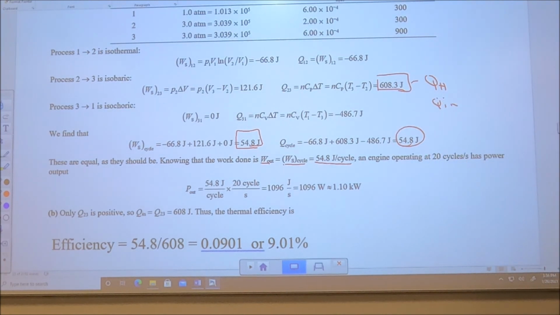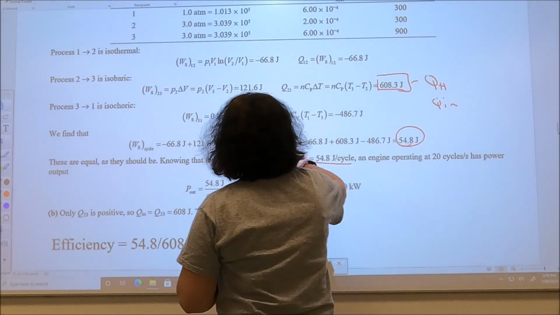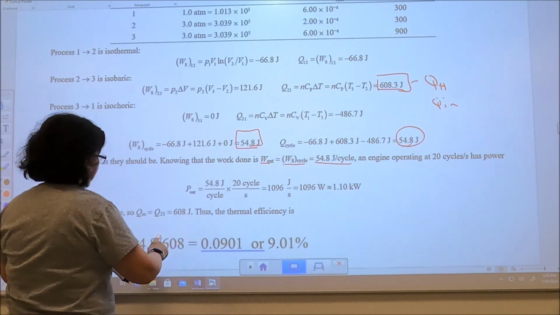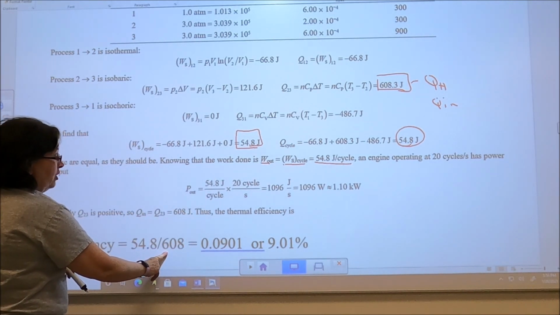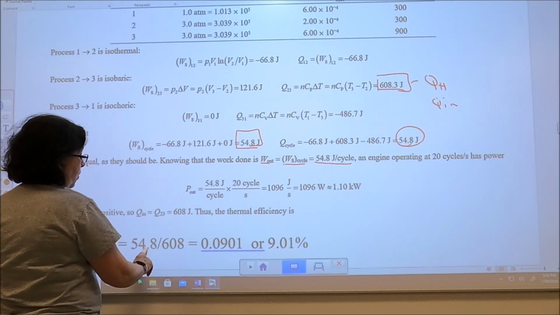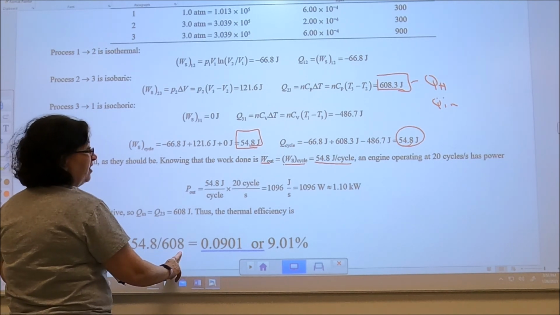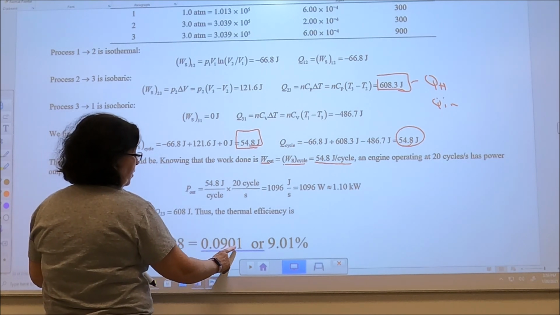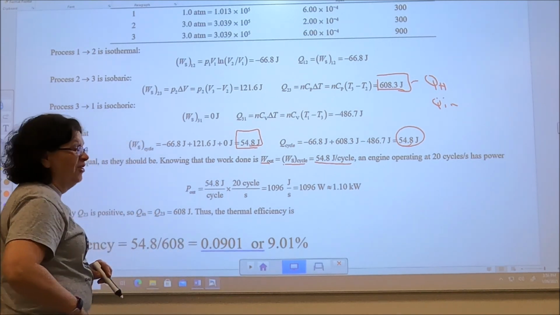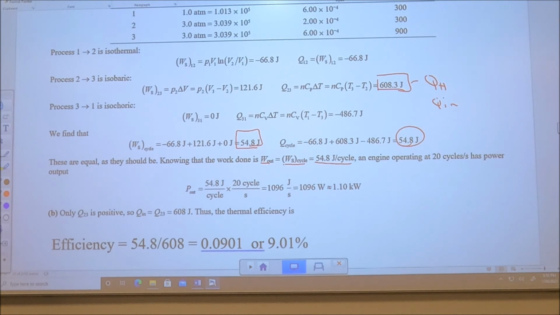So to get the efficiency, I'm going to take W_s divided by Q_H, 54.8 divided by 608, so 0.0901, or a 9% efficiency. Not super efficient, but that's okay.